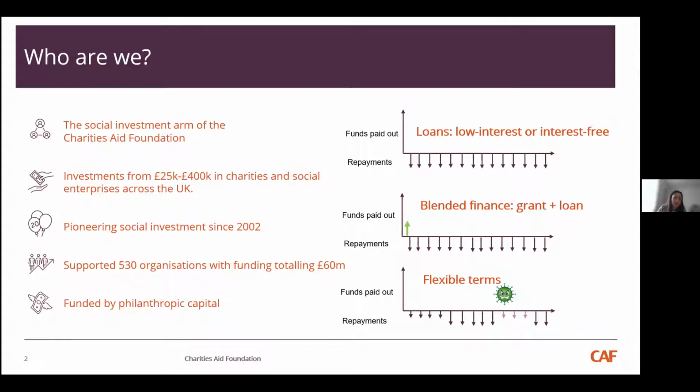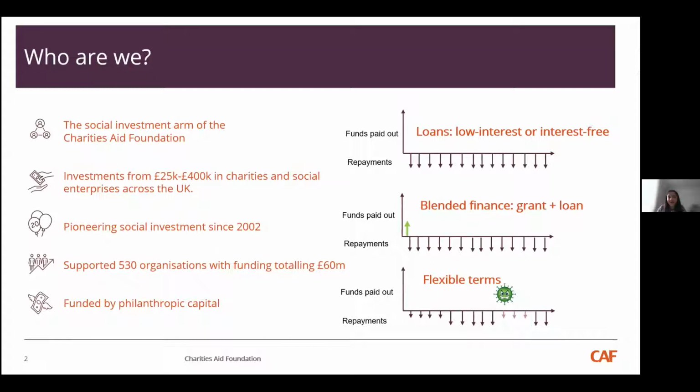For example, if an organization needs to do some upfront investment to get a program off the ground before the income materializes, we can write terms where they'd pay interest only for the first 6 to 12 months to keep the monthly payments low. And we like to consider ourselves a very friendly lender. So during the term of the loan, we're able to give repayment breaks if financial difficulties arise.